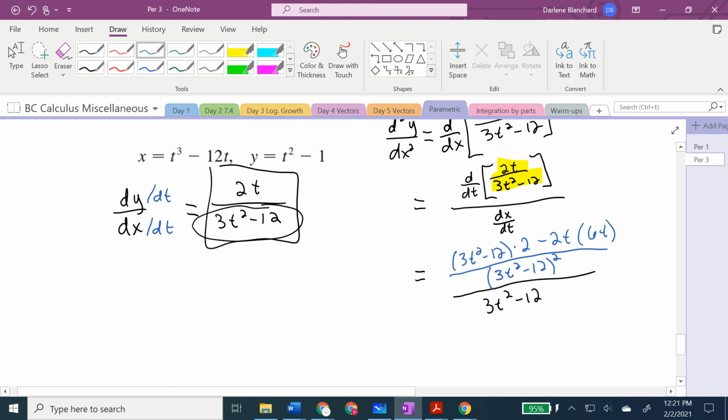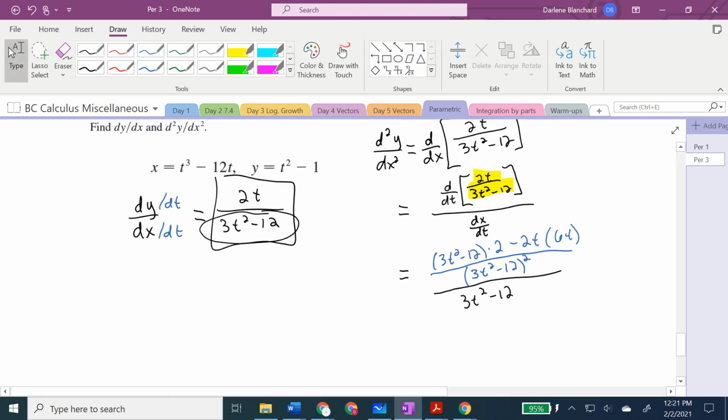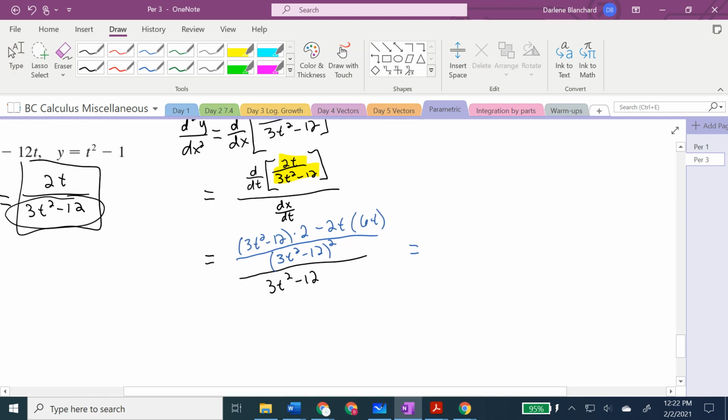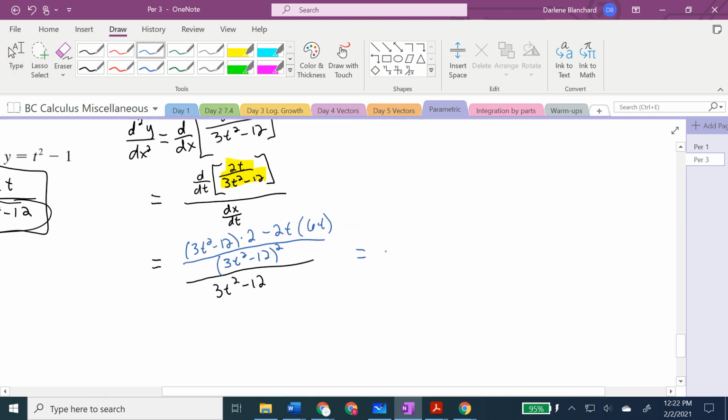And while this isn't going to just happen every single time, it will happen every time you have a quotient and need the quotient rule for your slope. And that is, you could almost say cube the bottom and away we go instead of square the bottom and away we go. But I don't want to say that because that is not a rule.